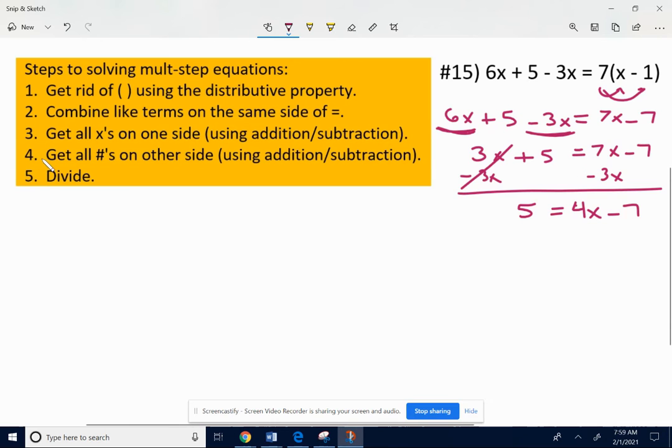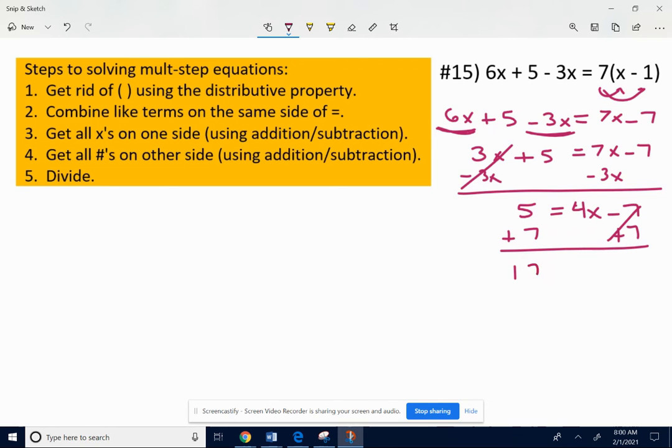Fourth step: get all the numbers on the other side away from your x, if that is not already done in the problem. We need to make that happen in this problem because we have 4x on the right and that subtracted 7 sitting there next to it. We want to get rid of that, so we're going to add 7 to get rid of the subtracted 7.